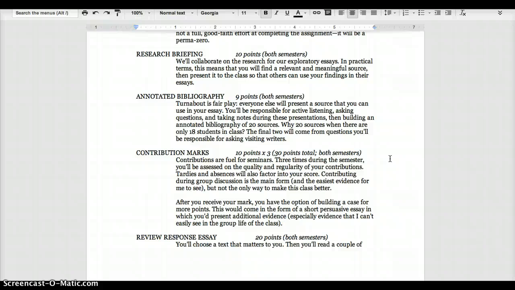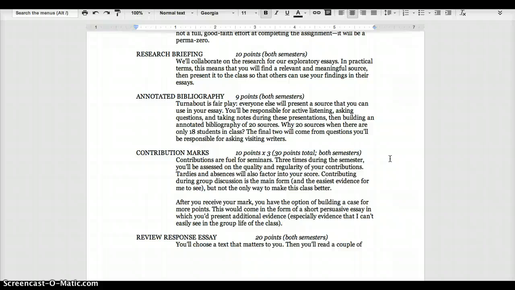If you say one relevant, meaningful thing per day, you'll probably be in the range of 7 out of 10 points. If you make more or more meaningful contributions, then you can be higher. Or if you're saying one thing most days, then you'll be at 6 or below.